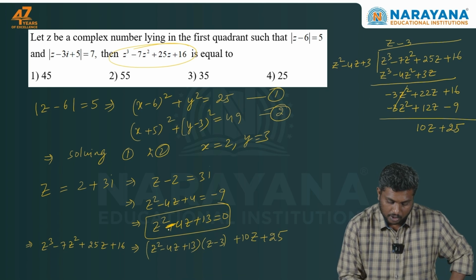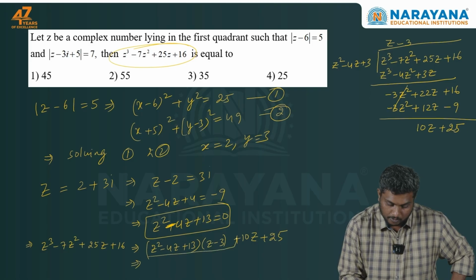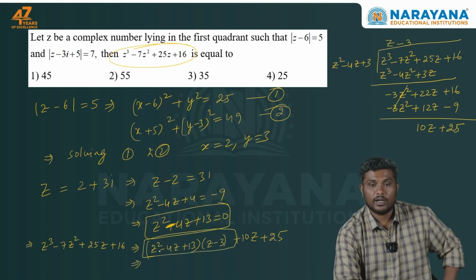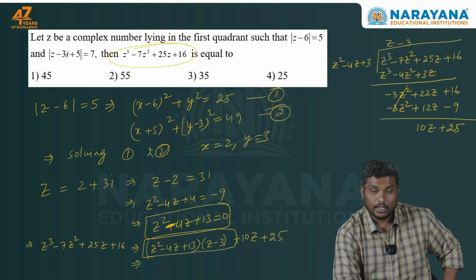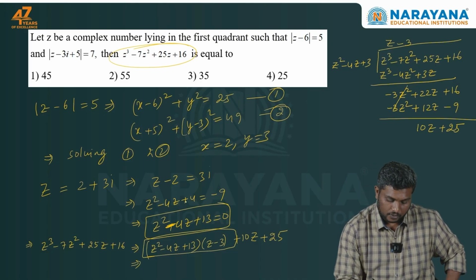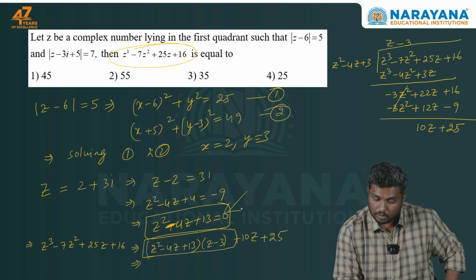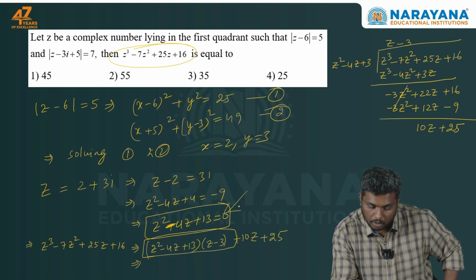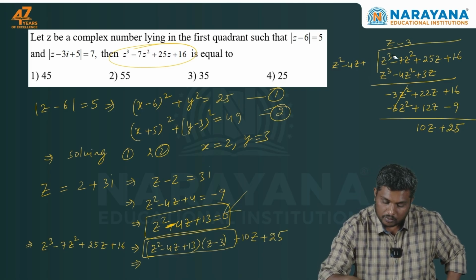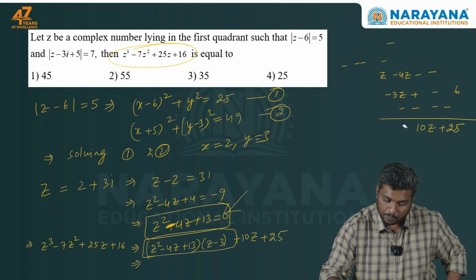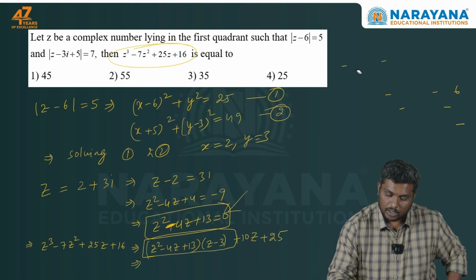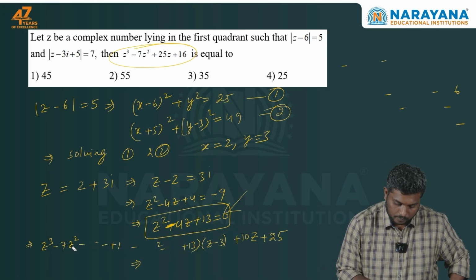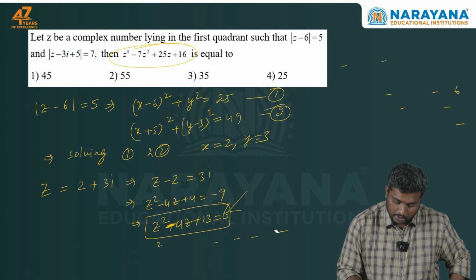So guys, what are you going to get here is this value becomes 0. z square minus 4z plus 13 into z minus 3, because z square minus 4z plus 13 is equal to 0. Sorry, I wrote, there is a mistake here. We should have taken this as 13, my bad. Yeah, let us redo this once again. This is 13 guys, we have taken it as 3, so that's a slight error.